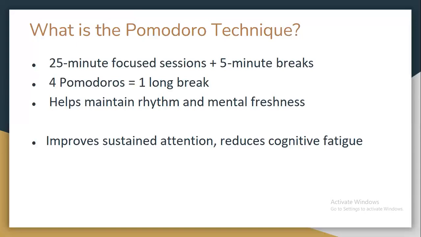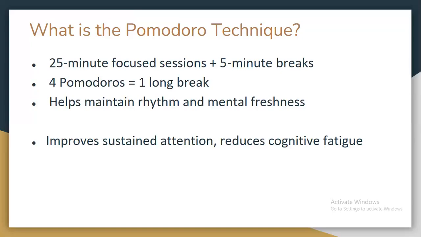In a case where you want to take a long break, what you can do is to put 4 Pomodoros together, right? So 25 by 4, you are looking at about 100 minutes. So every time you work for 1 hour, 40 minutes, then you can take a 20 minutes break.